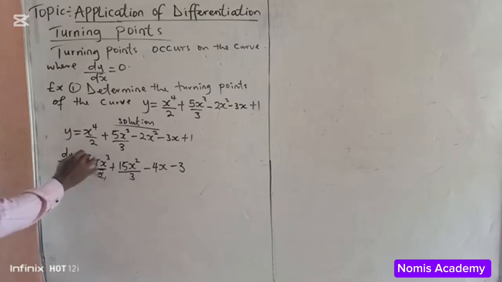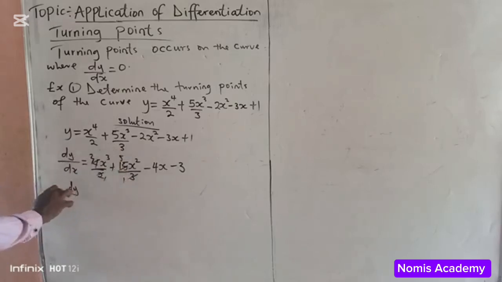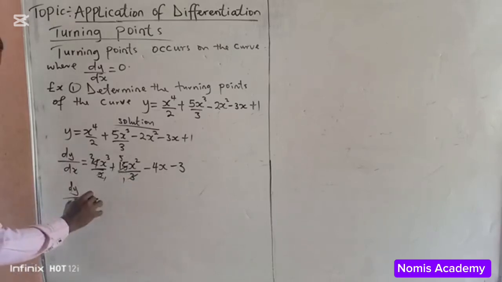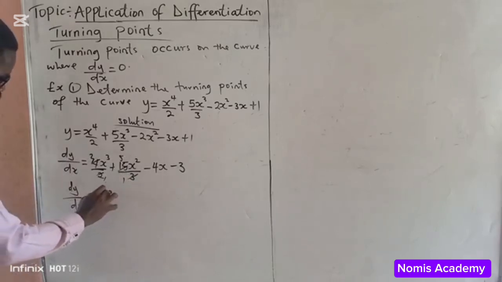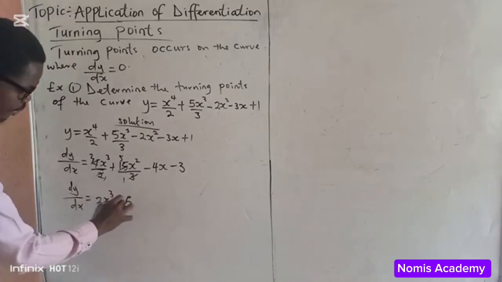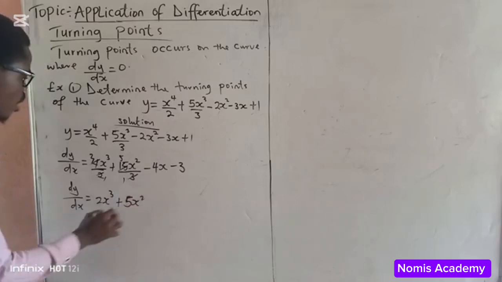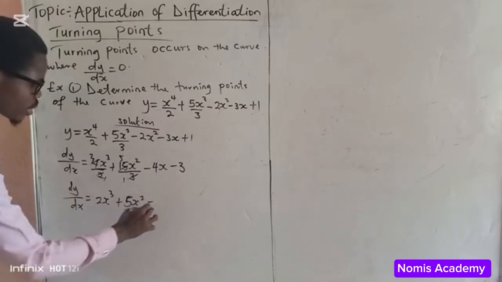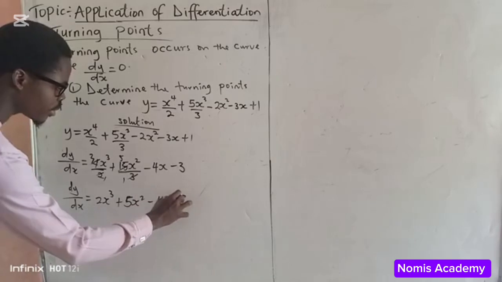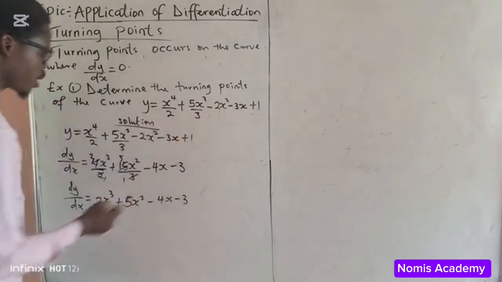Alright, let's simplify. 2 here 1, 2 here 2, 3 here 1, 3 here 5. So we have dy/dx is equal to 2x to the power of 3 plus 5x squared minus 4x minus 3. So this is the derivative of the function given.